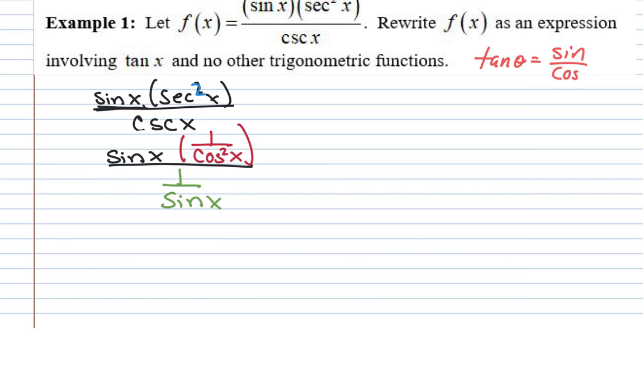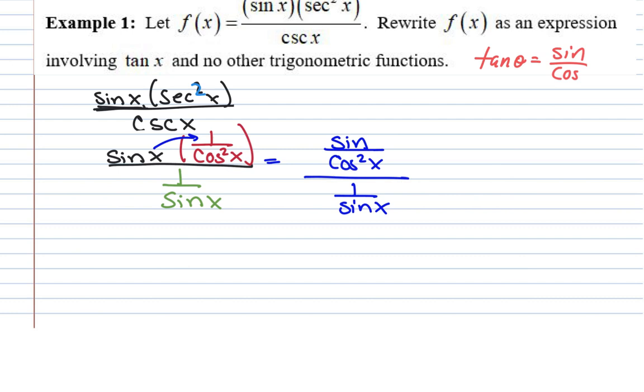The next thing we're going to do is simplify the top part. And this is a numerator, so just multiply times that. And then we're going to have sine over cosine squared x, all of that divided by 1 over sine of x. And then what you're going to do is keep, change it to multiplication, and flip it. So keep, change, flip.